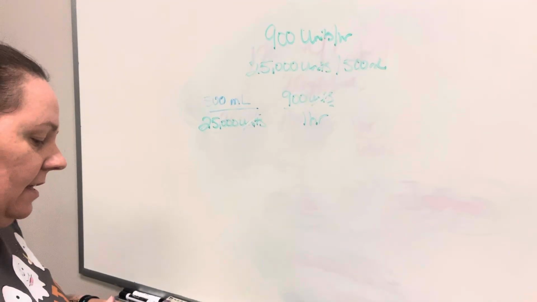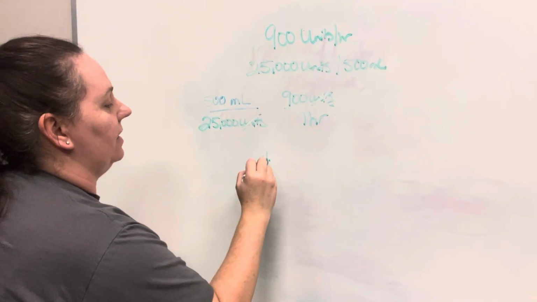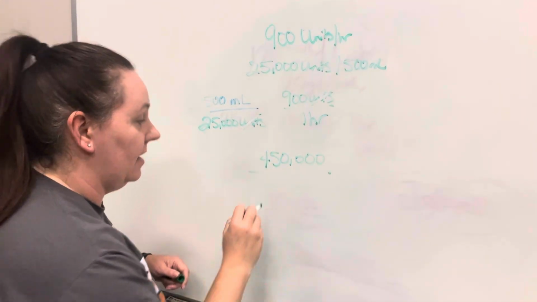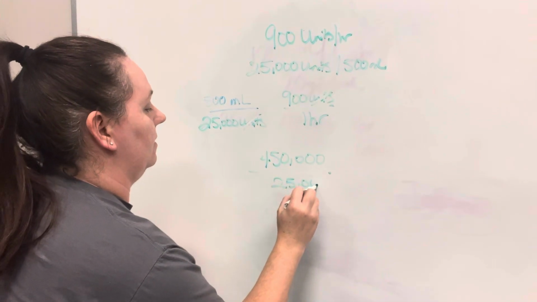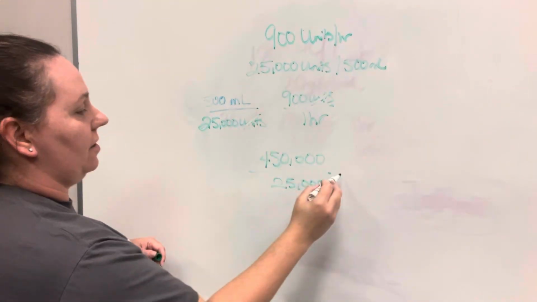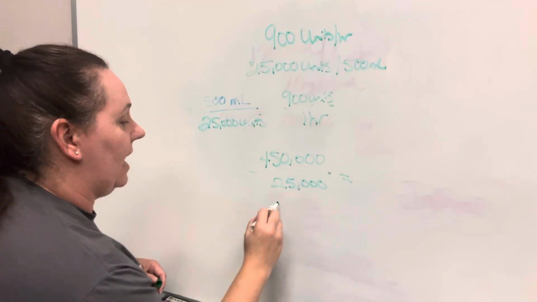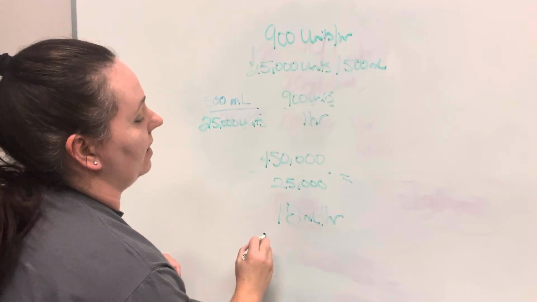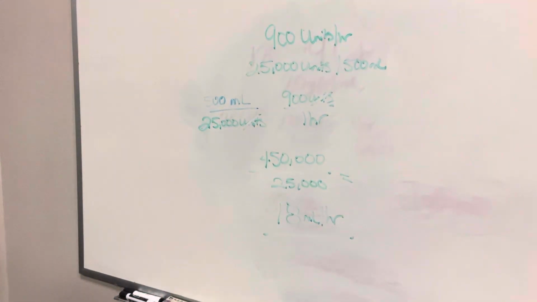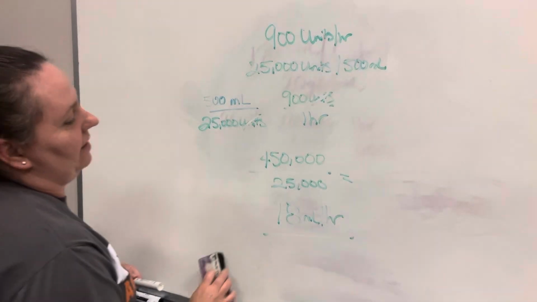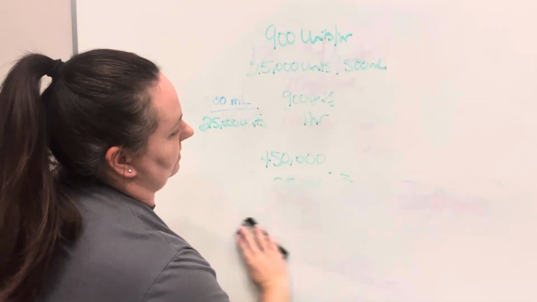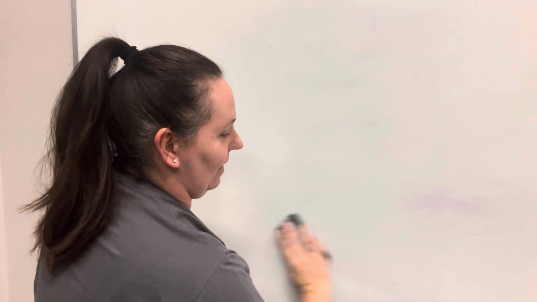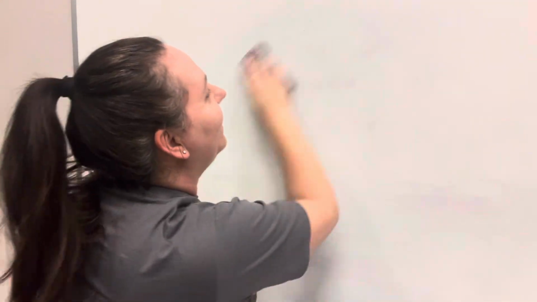So that's going to equal 450,000 divided by 25,000, because we just multiplied across, and that will put us at 18 milliliters per hour for our heparin drip. Those are almost always calculated by the pharmacy, because thank goodness nursing does not have to do all of the equations now, hooray.